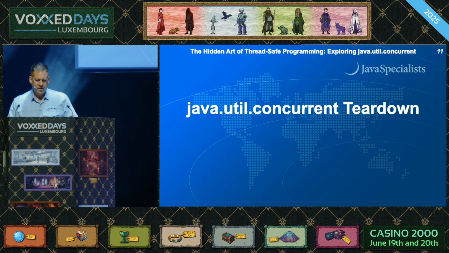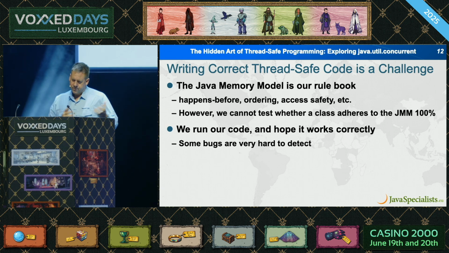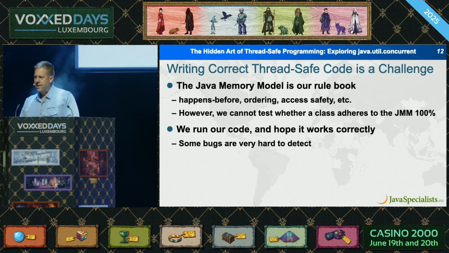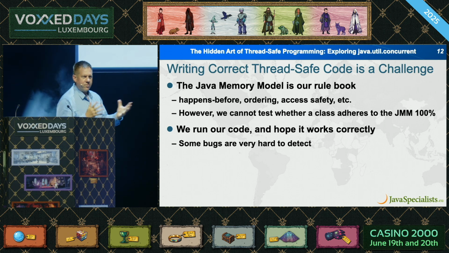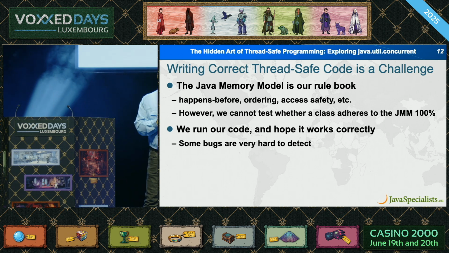All right. So let's continue and look at java.util.concurrent. Writing thread-safe code is challenging. And the reason it's challenging is we've got a rule book. We've got these laws, and the laws are described inside the Java memory model.